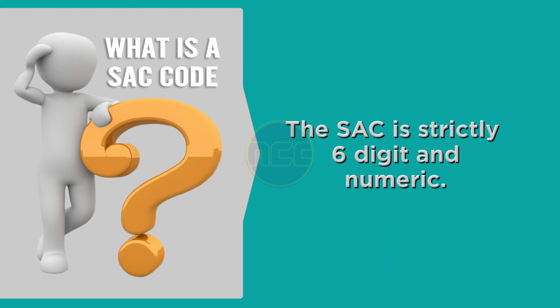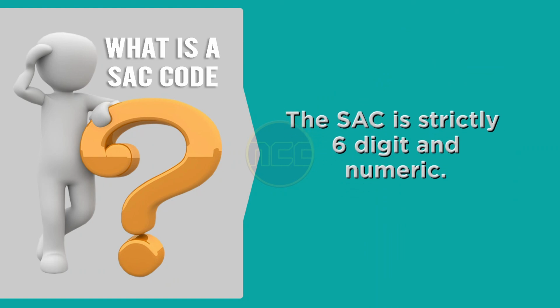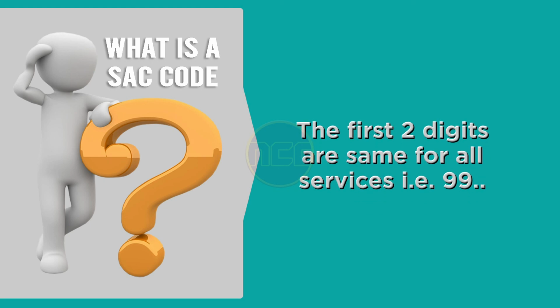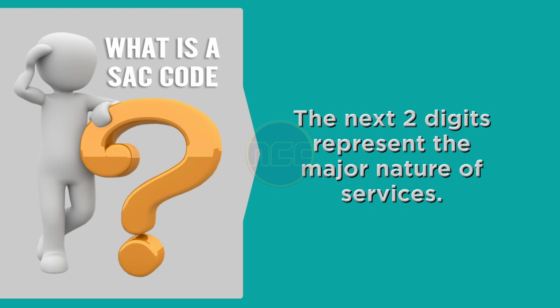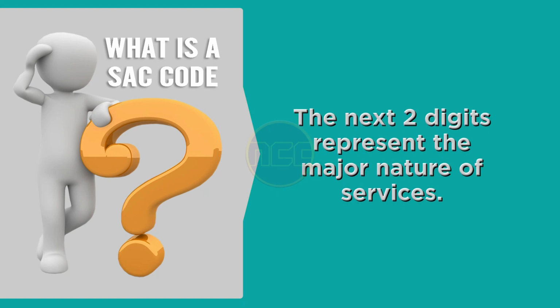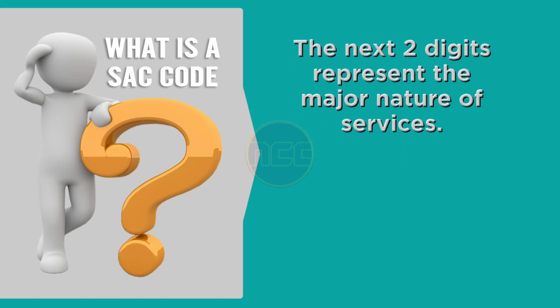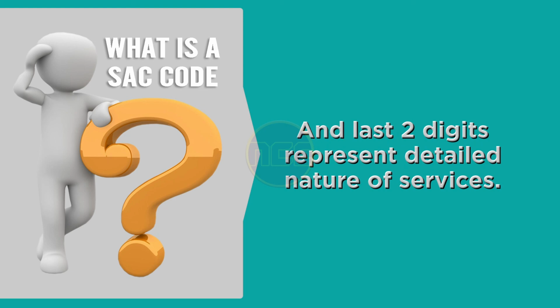The SAC is strictly 6 digits and numeric. The first two digits are the same for all services, that is 99. The next two digits represent the major nature of services, and the last two digits represent the detailed nature of services.